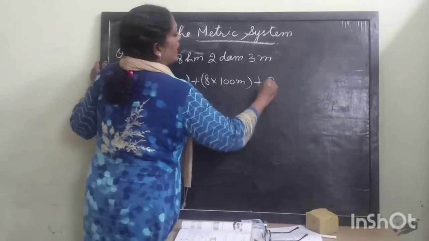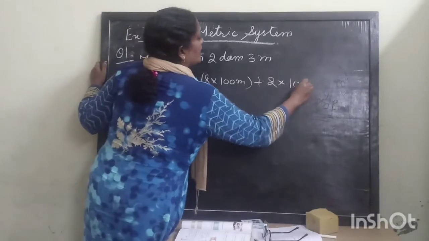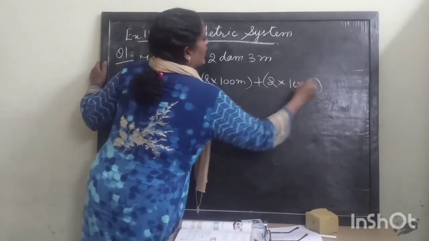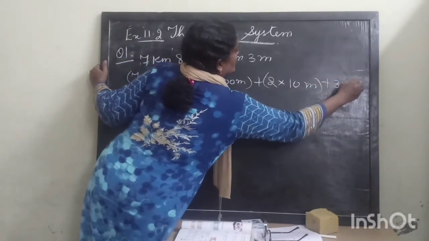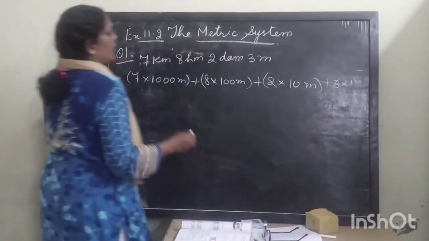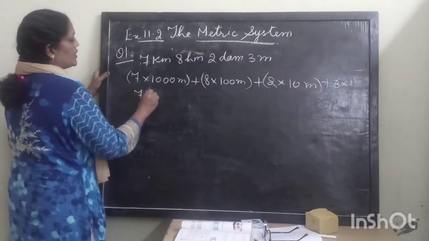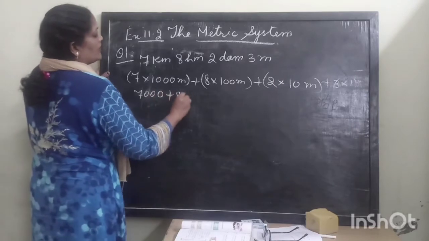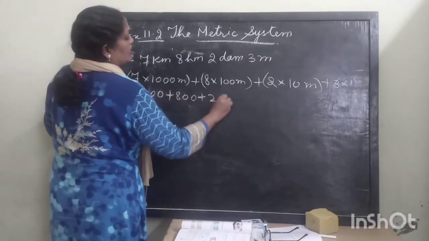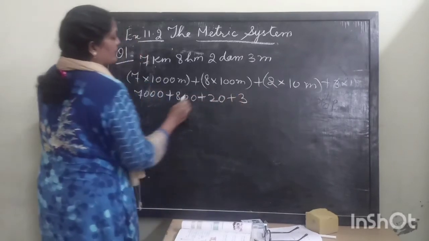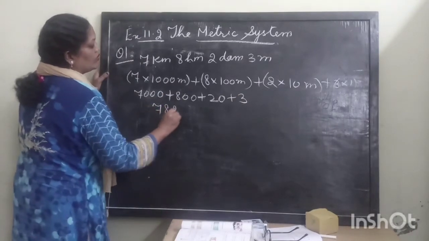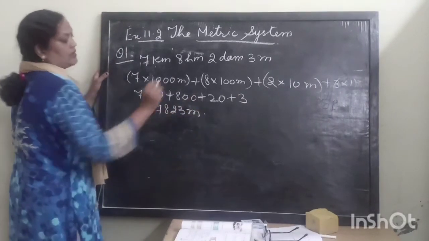Plus 2 decameter, means 10 meters. And 3 meter means 3 into 1 meters. Add it: 7000 plus 800 plus 20 plus 3. 7823 meters.